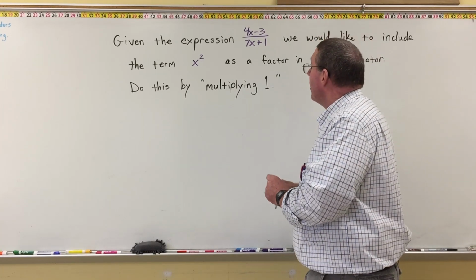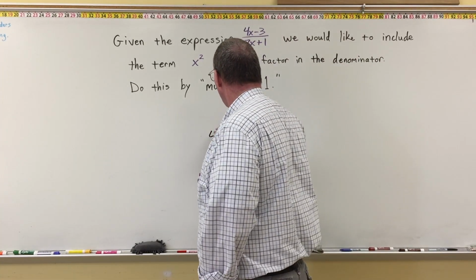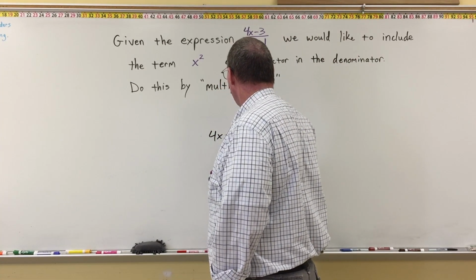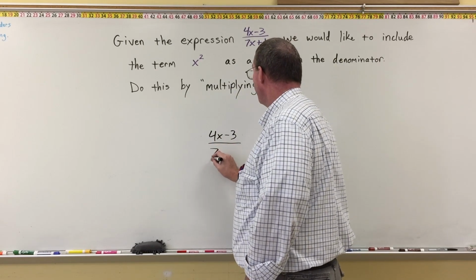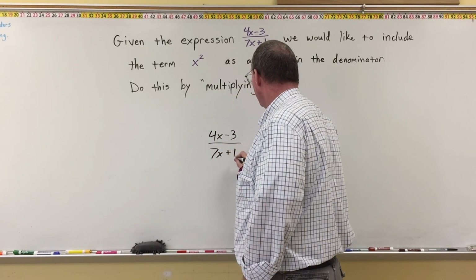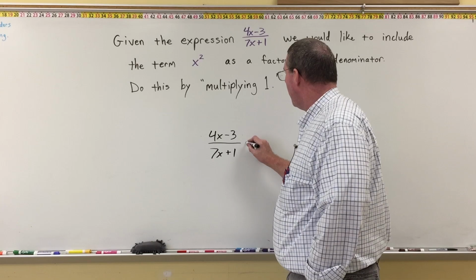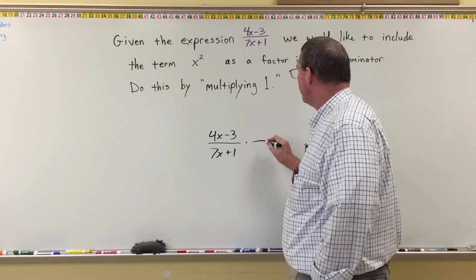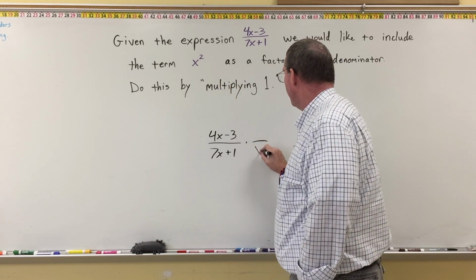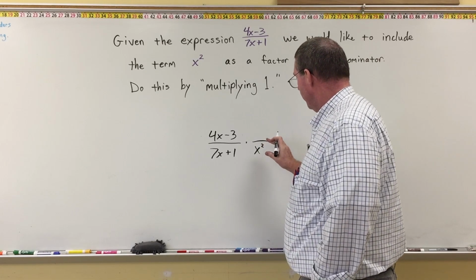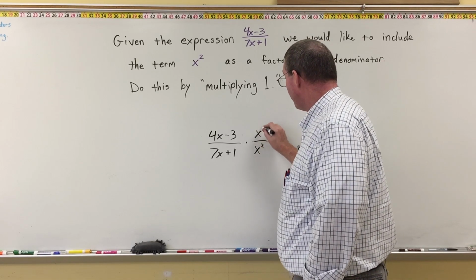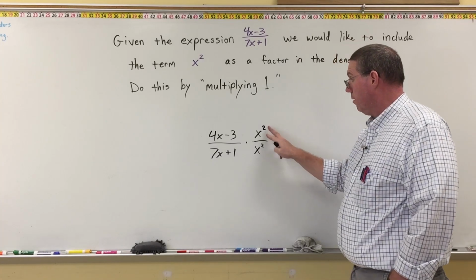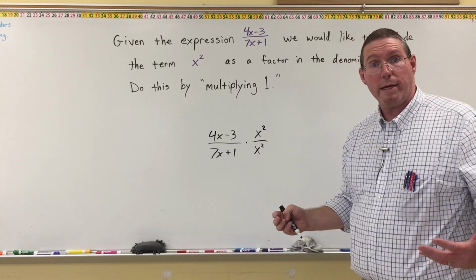Okay. So we're going to take our original expression, 4x minus 3 over 7x plus 1, and we want to multiply by 1, but we want to include x squared in the denominator. Well, to equal 1, we would have to have an x squared in the numerator. x squared divided by x squared equals 1.